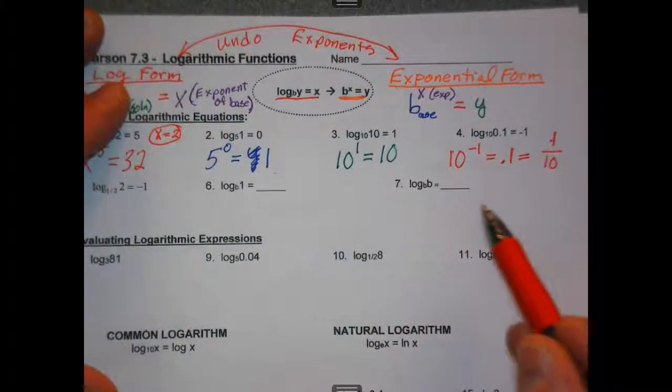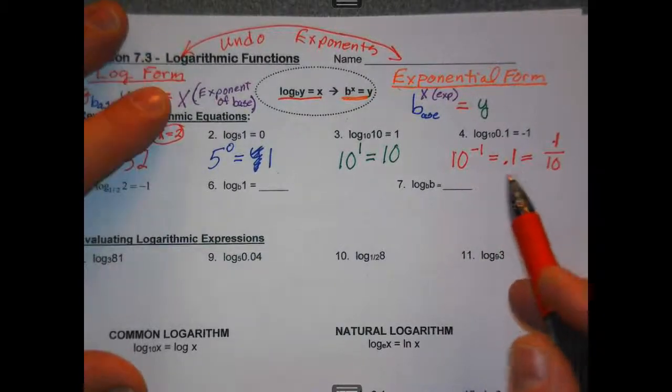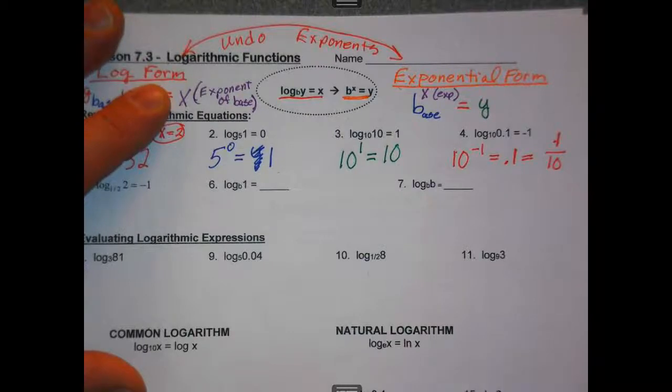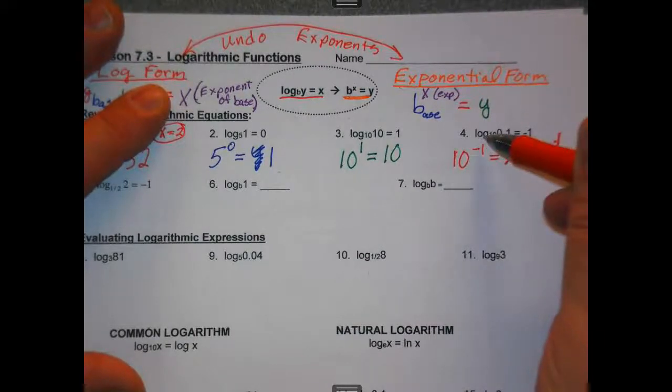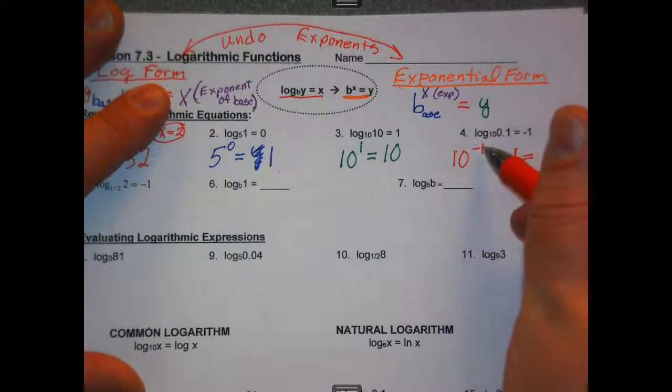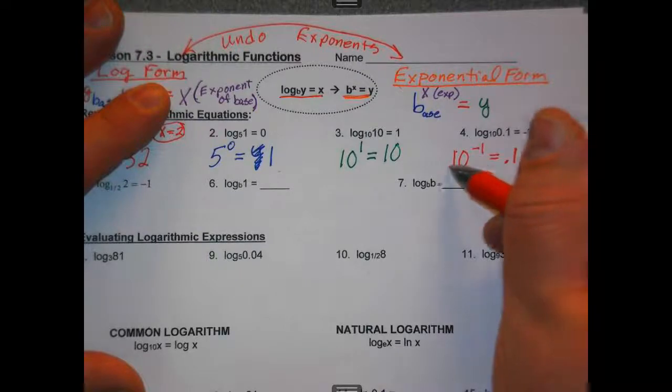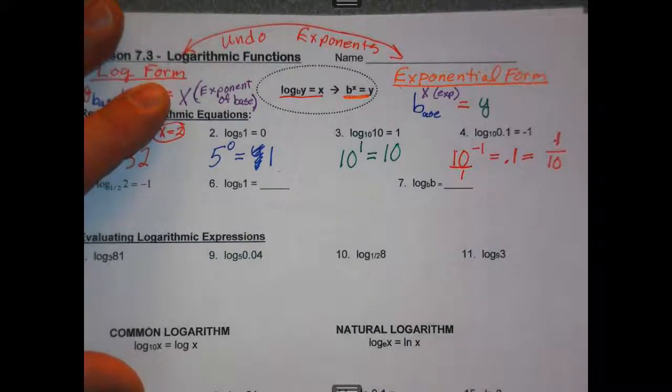Now, actually, this is algebra 1 because I just did the unit on properties of exponents. 10 to the negative first has a negative exponent. How do you get rid of your negative exponent? You flip it.